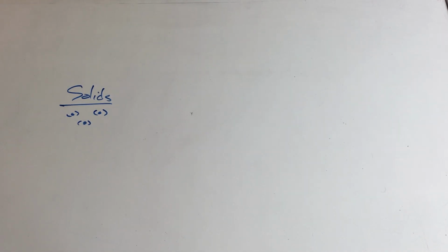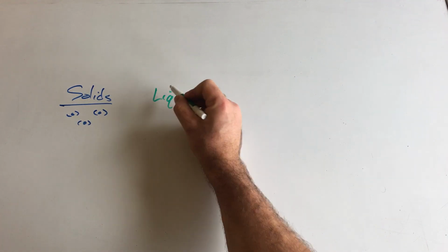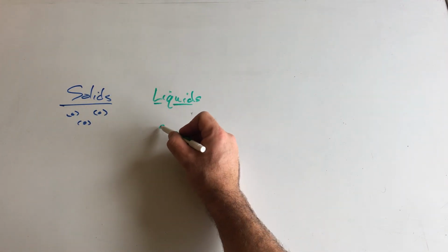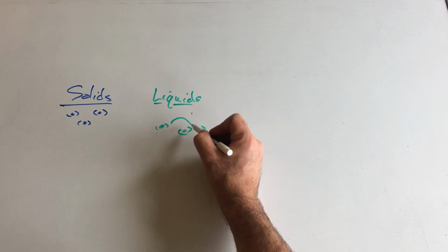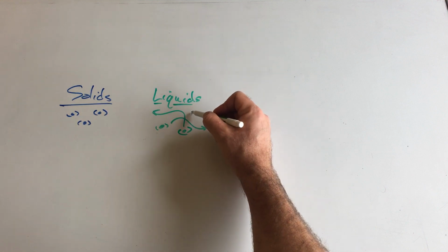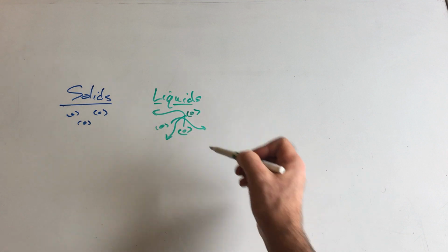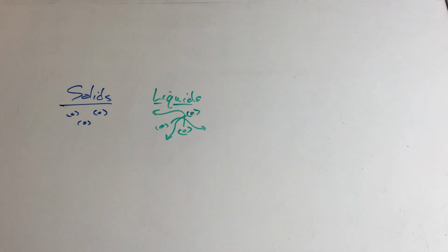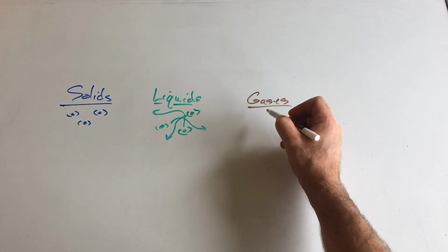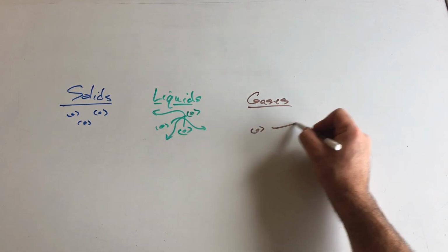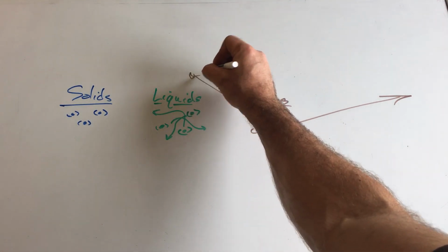And we know that you have liquids, and that's when they wiggle and they slide past each other. And then we have gases, and that's when they wiggle and have lots of kinetic energy.